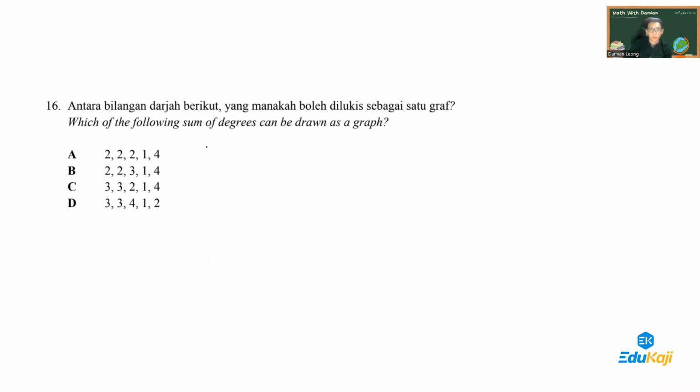Which of the following sum of degrees can be drawn as a graph? This is degrees for each vertex.